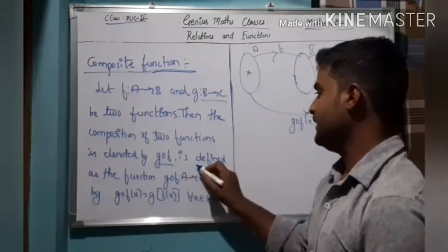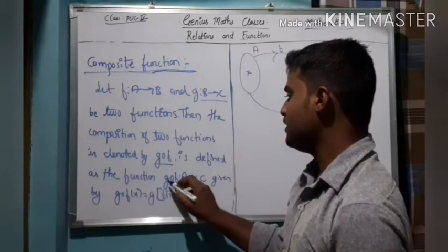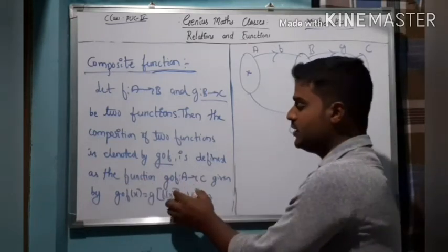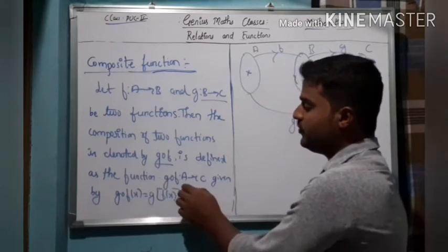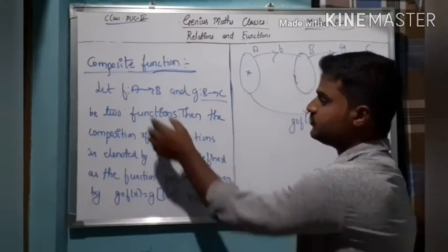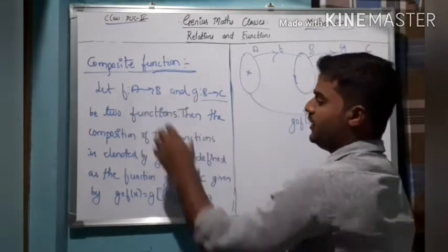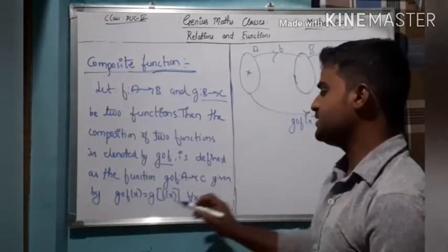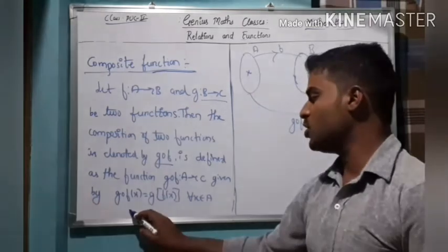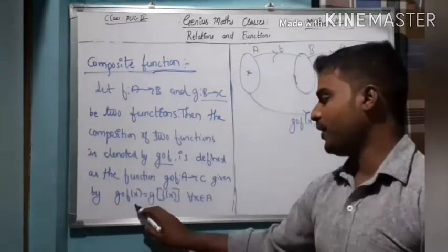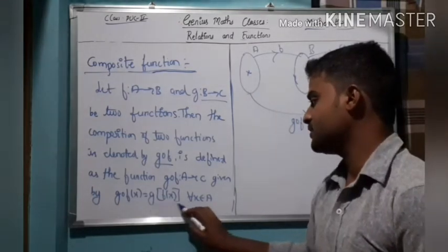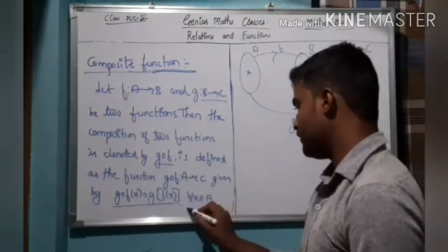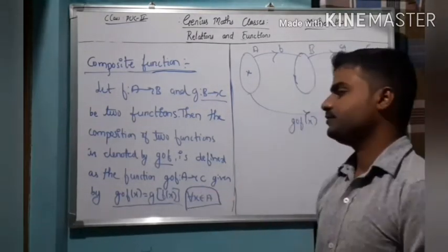It is defined as a function g naught f from A to C. Combining these two will give the mapping from A to C, and it is given by g naught f of x equal to g of f of x, for all x belongs to A.